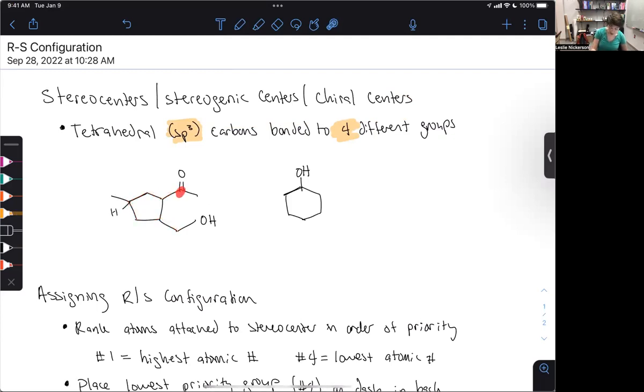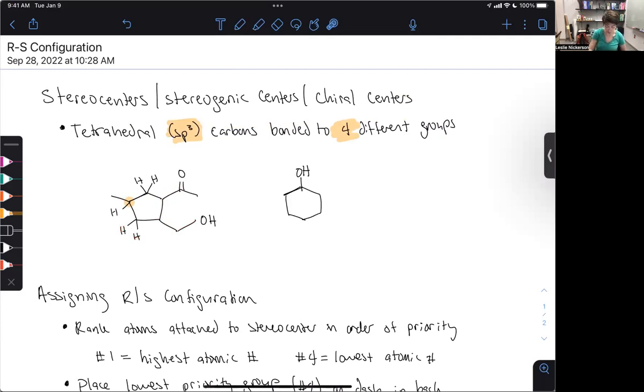But once I hit here, I have found a point of difference and these are different, okay? So this is a stereocenter right here, okay? So if we think about that, that's just got 2 H's on it. That's a really quick way of finding the end of a road, right? Is there's my end. Those 2 are identical.